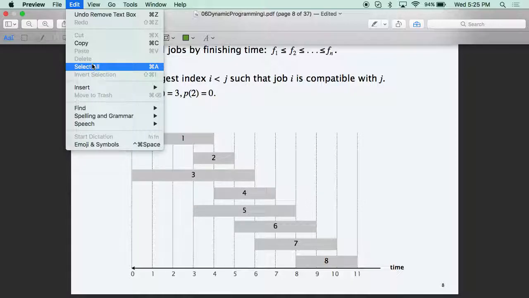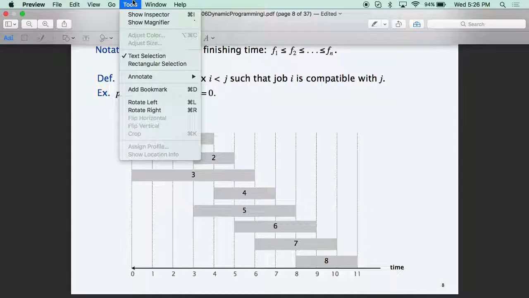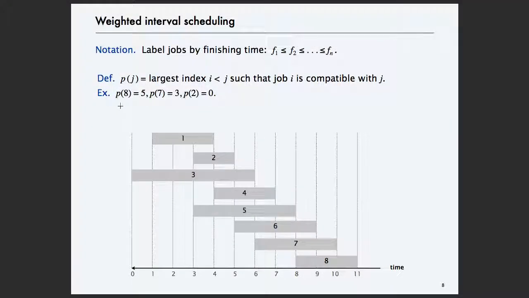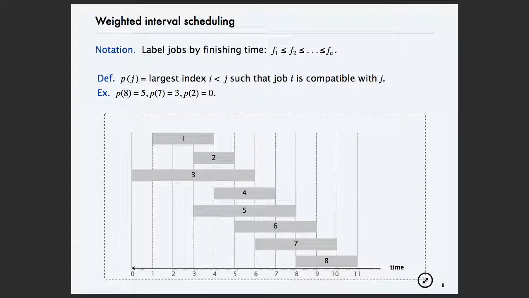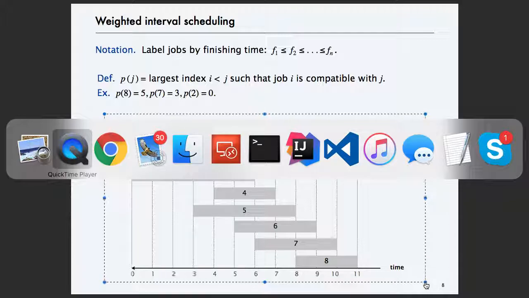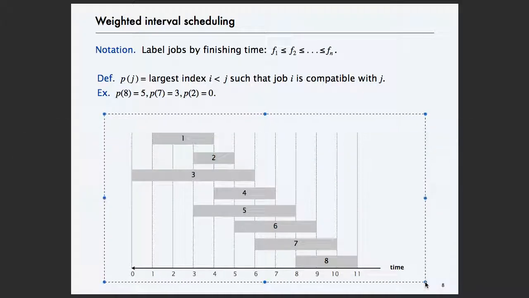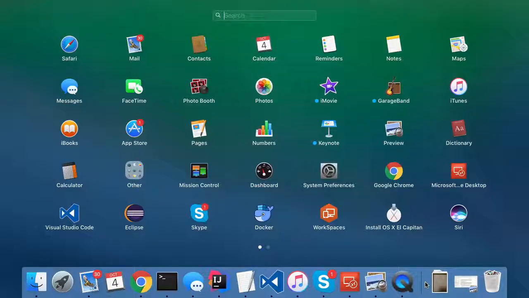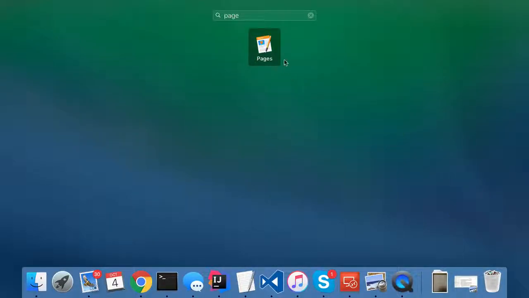Select all. Rectangular selection. And I can probably copy, and I can probably get something that looks like pages.